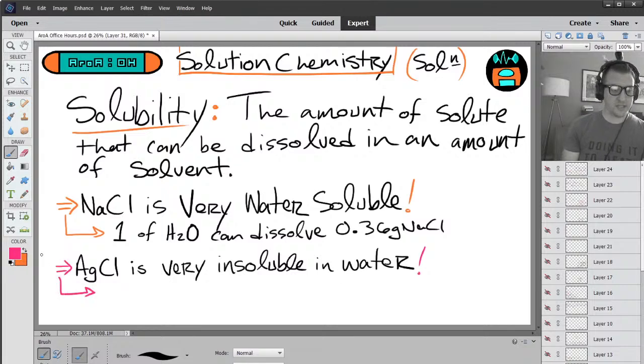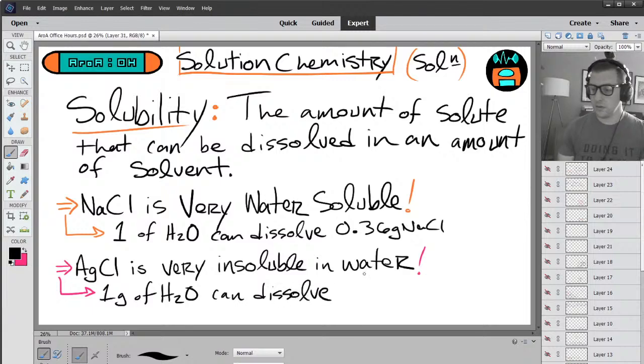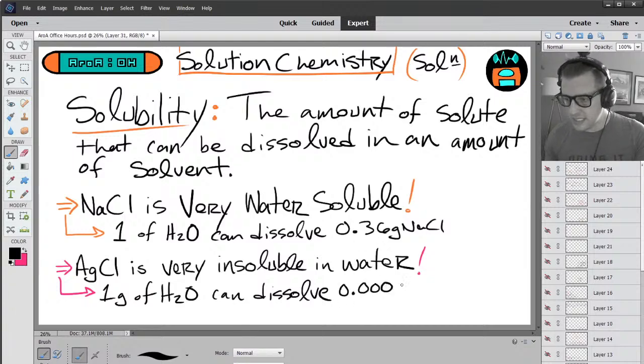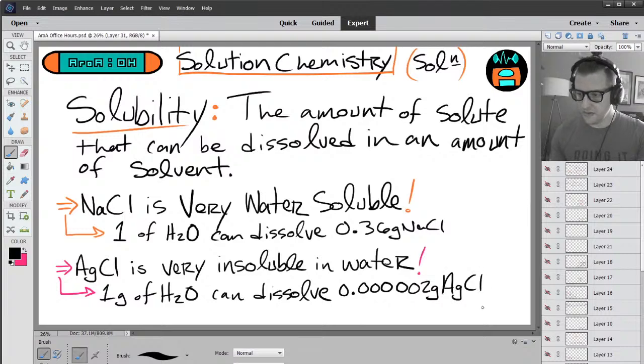By contrast, 1 gram of water can dissolve, let's see, I had to write this down, 0.0000002 grams of silver chloride.